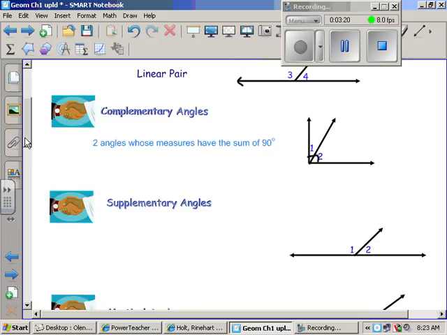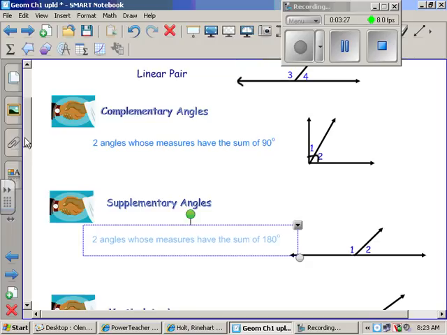How about supplementary angles? The sum equals 180. Good, two angles whose sum is 180. What's the most famous pair of supplementary angles? A linear pair, right. They're like the Brad and Angelina of supplementary angles. They're the most famous.